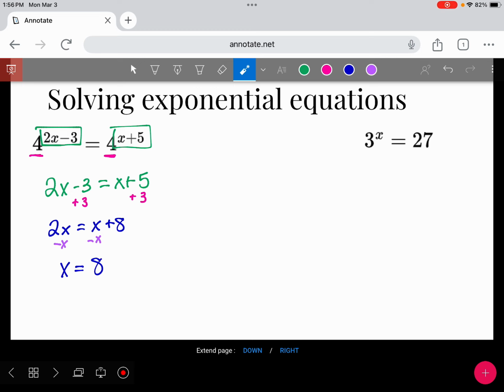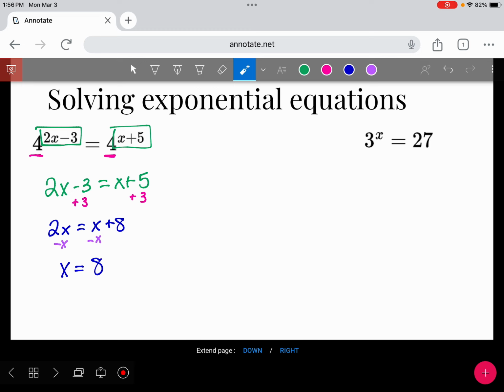And we're not always going to give them to you when they're the same. Look at the one on the right. 3 to the x equals 27. What do we know about 27? It's the cube of 3.